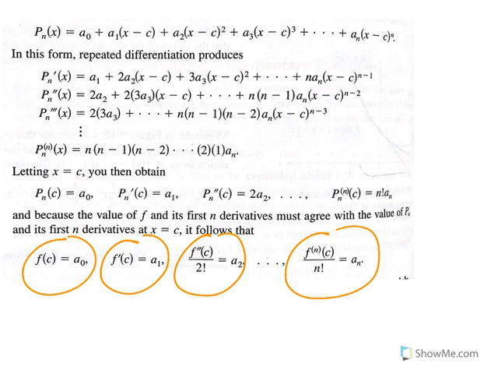So basically, whatever function you're trying to approximate, you will evaluate the function at c and its first n derivatives at c. And for the function evaluated at c, you will divide by 0 factorial, which is 1. For the first derivative of the function evaluated at c, you will divide by 1 factorial, which is 1. For the second derivative of the function evaluated at c, you will divide by 2 factorial. For the nth derivative of the function evaluated at c, you will divide by n factorial.